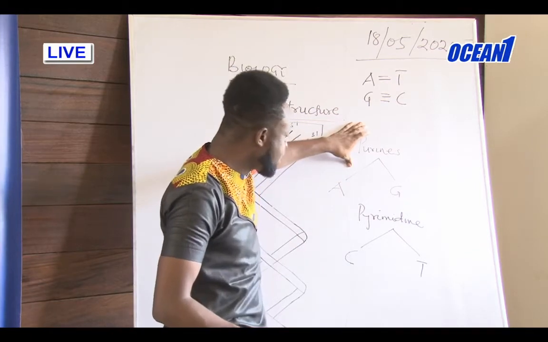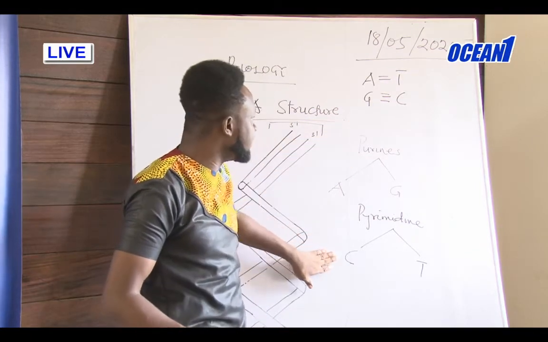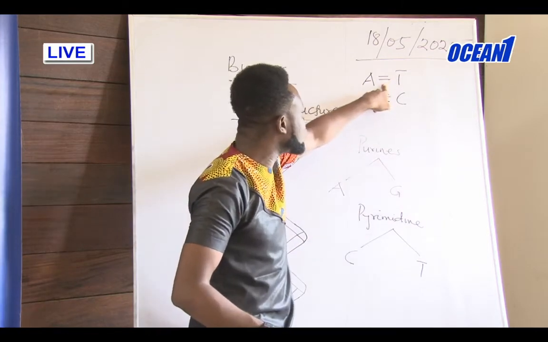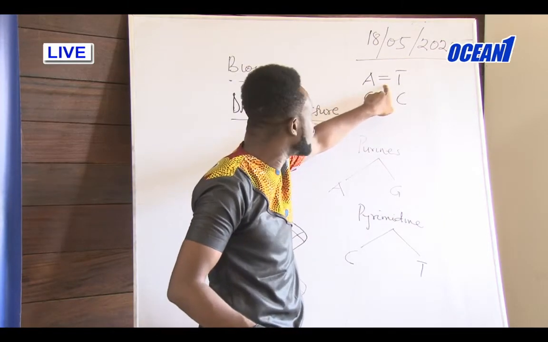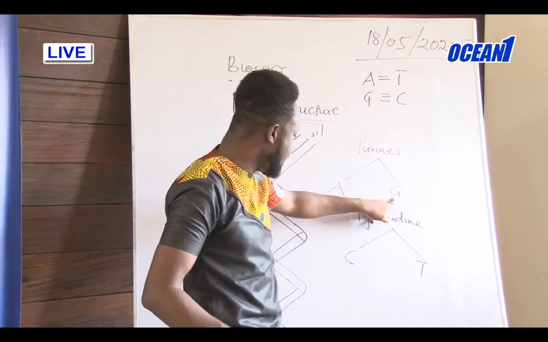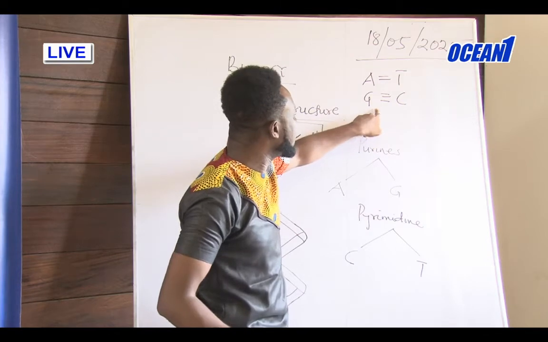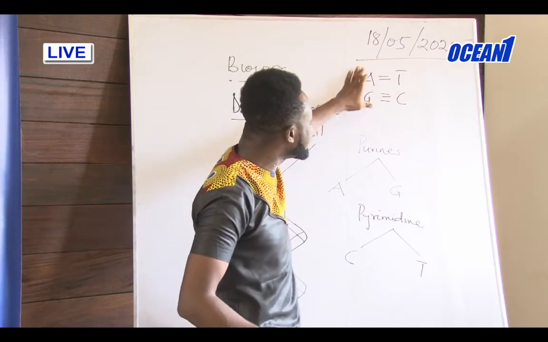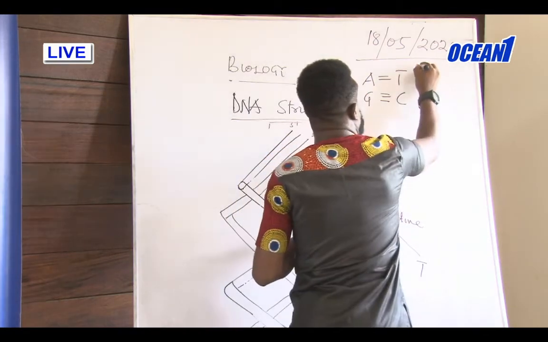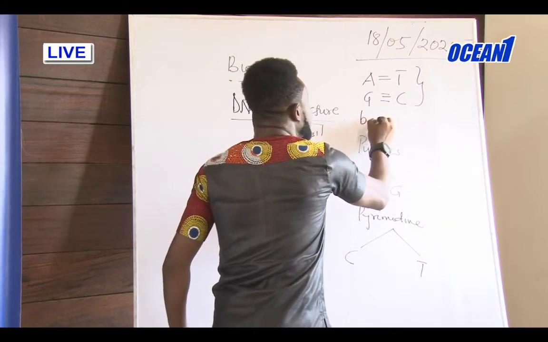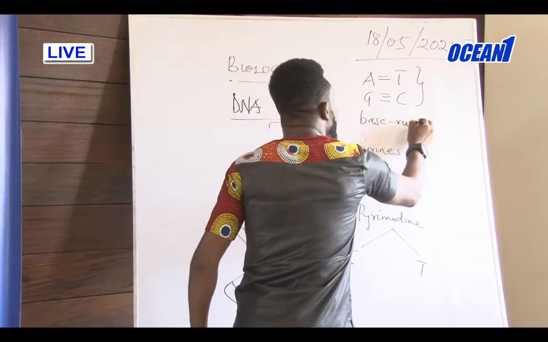So one purine will pair with one pyrimidine. Adenine will pair with thymine, and the bond between them is a double bond, whereas guanine pairs with cytosine, and the bond between them is a triple bond. And what defines this pairing is what we call the base pair rule.